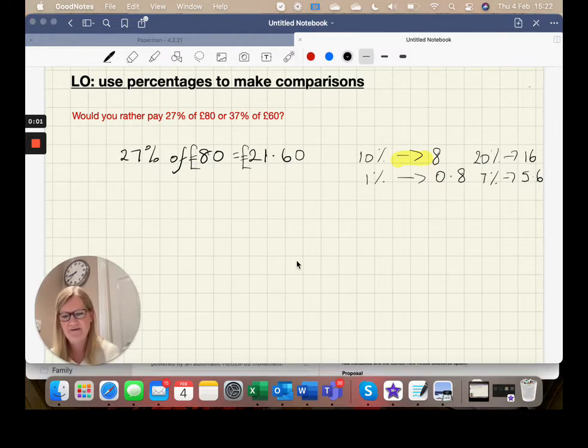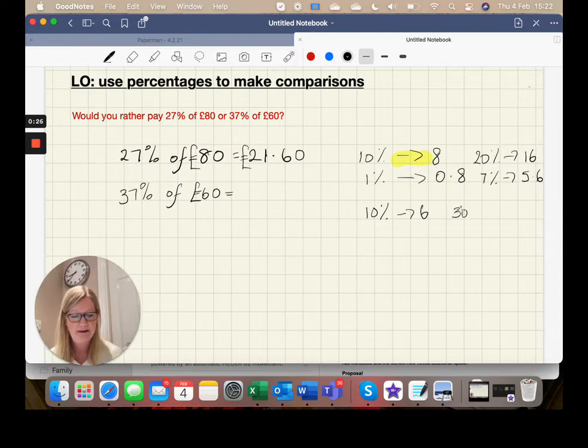Okay, now let's find out the value of the second expression, so 37% of £60. So 37% of £60 equals, right, 10%. I can do that again, that's really easy. 10% is worth 6.